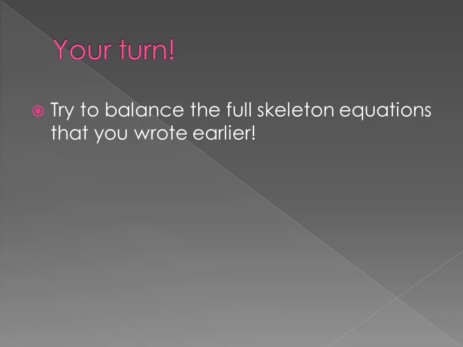So if you will go back and look at those examples, you've already taken care of step 1. Now you just need to balance. So if you will look at those and pause this video, once you've tried them and you think that you've got them correct and you've used the right table, you can continue on with the video and check your answers.